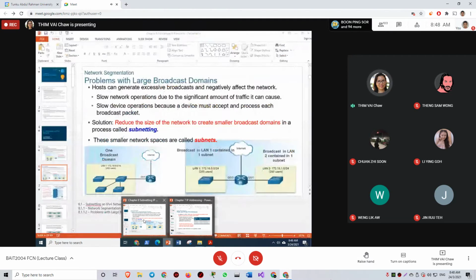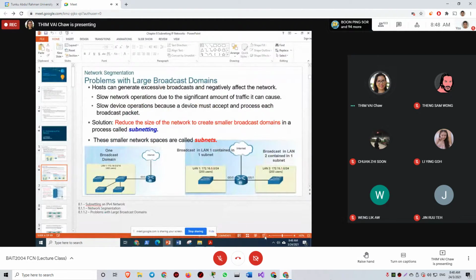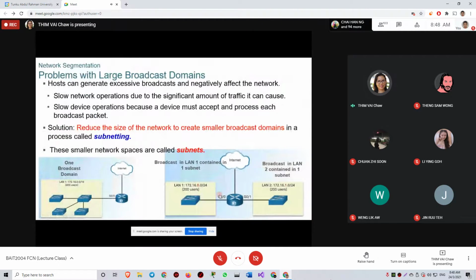I'll go back to your slide. It means that over here, I will have this part. Here I have 256, total 256 addresses. And here I also have 256 addresses, including the network address and the broadcast address.